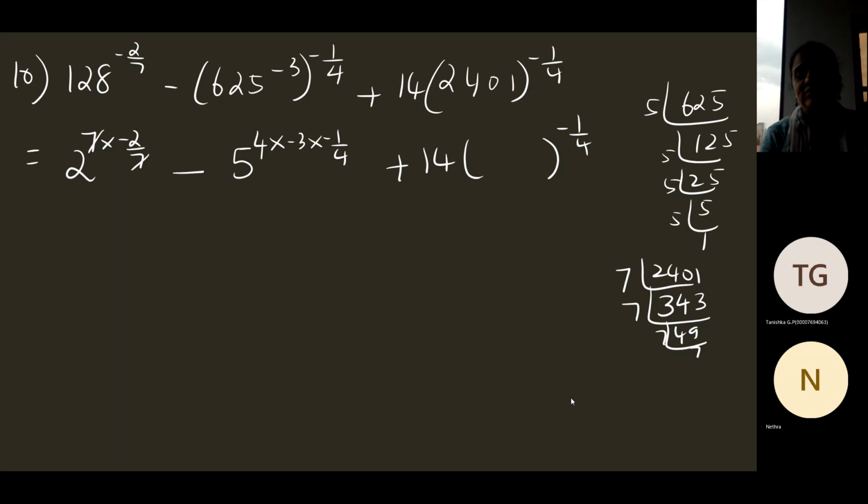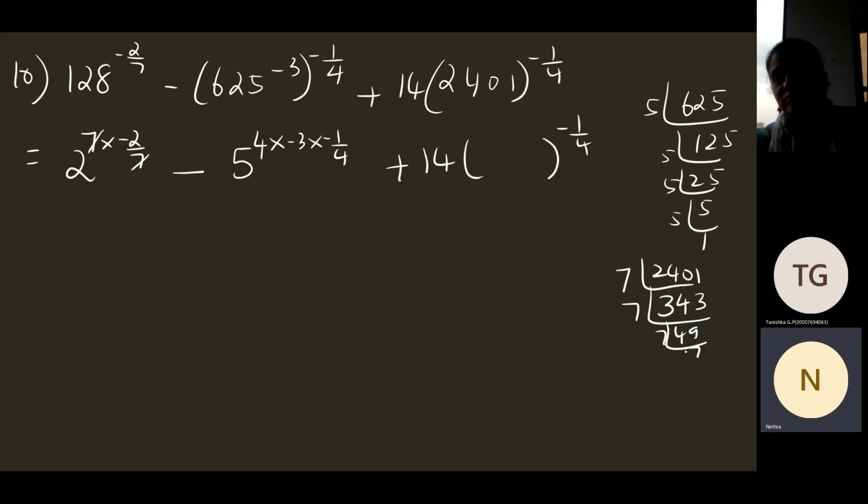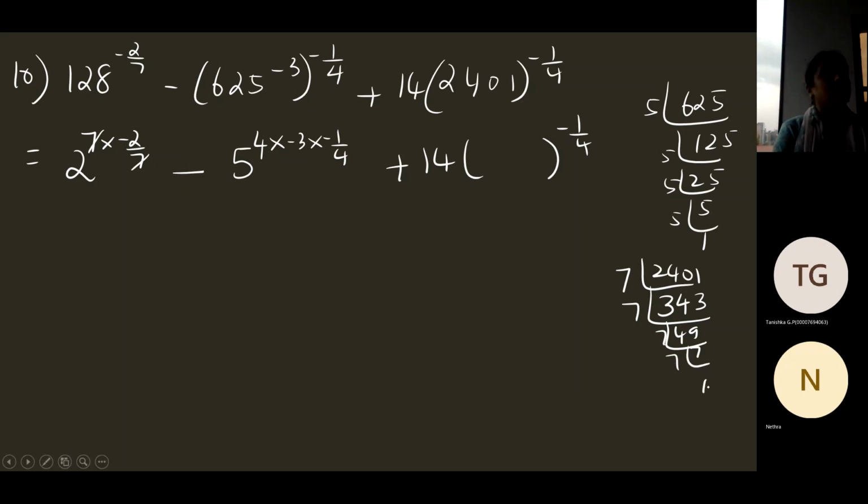Very good. Who said this? Netra. Very good. 2401 is 7 raised to the power 4. So here also 4 and 4 get cancelled.